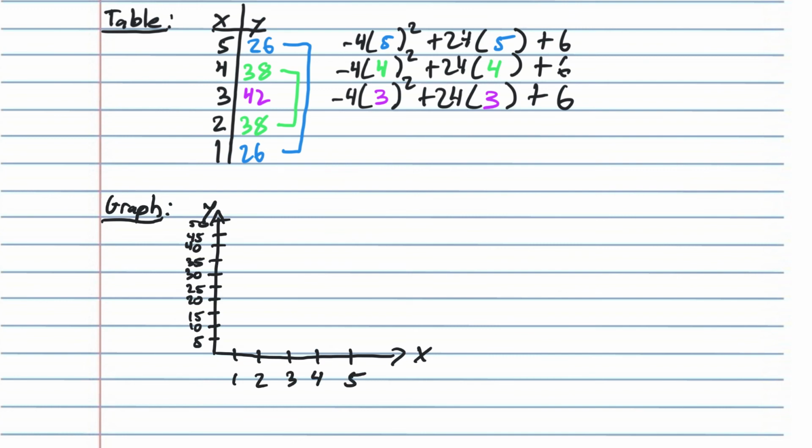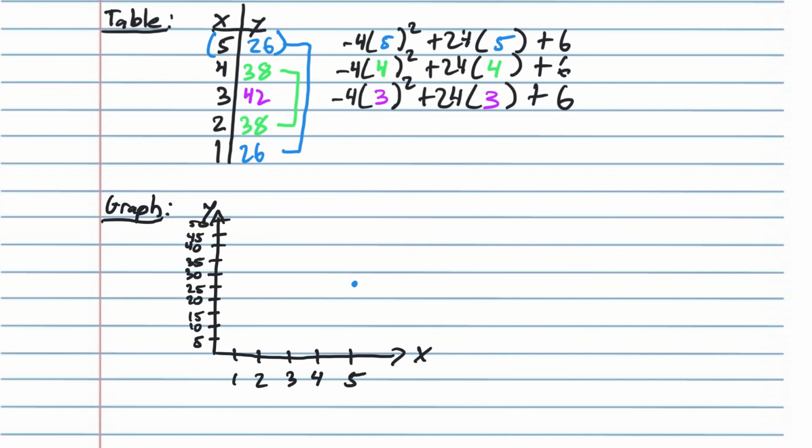Okay, so now we're set to graph. Obviously we can't be super accurate because we're going by 5s and it's not a lot of space, but we can be pretty close. So for that first one, 5, 26, right 5, up 26, it'd be somewhere about here.